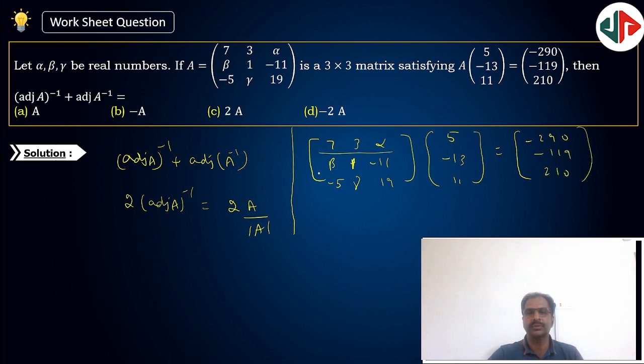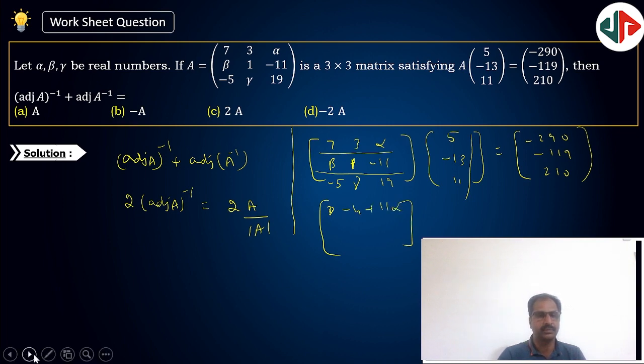Now multiply these two matrices. 7 into 5, 35 minus 39, so minus 4 plus 11 alpha. Second, 35 minus 39 minus 4 plus 11 alpha.